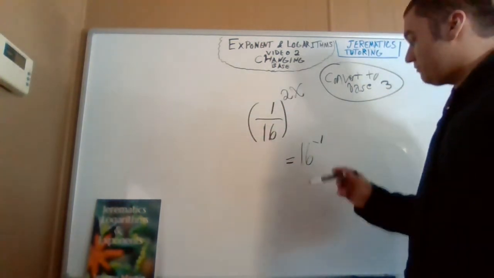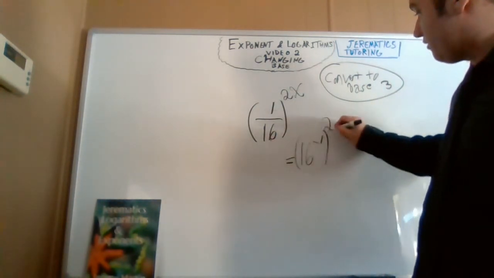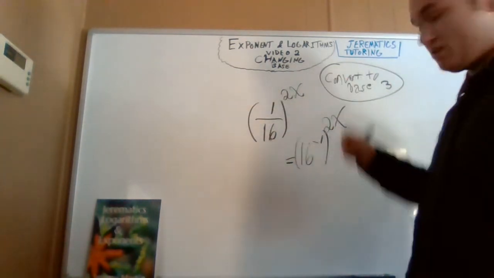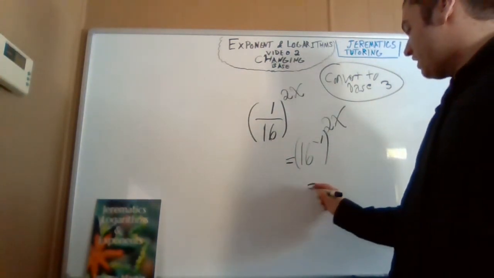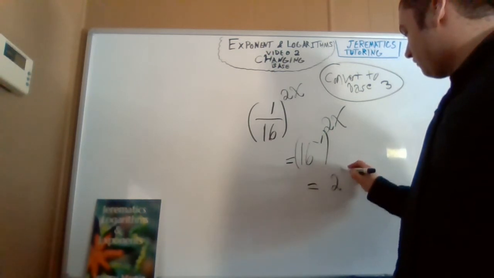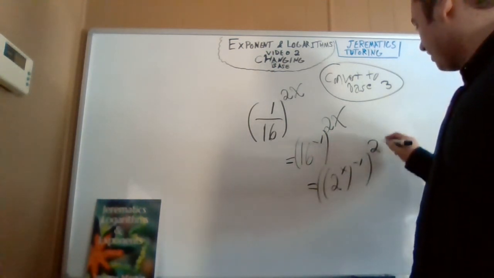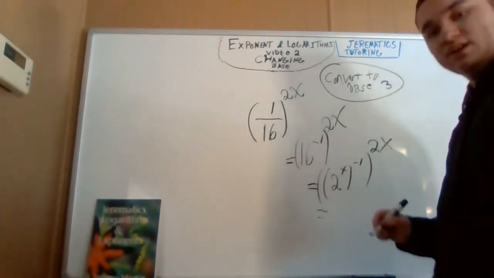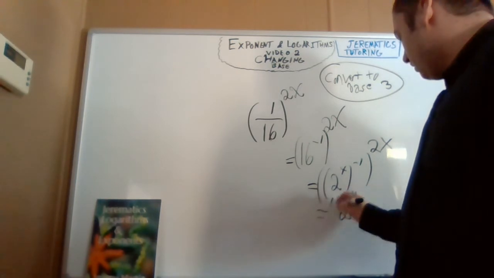So 16 to the power of negative 1. And now we add brackets and we raise it to the exponent of 2x, because our equation needs to stay the same. 16 to the power of negative 1 can be written as 2 to the power of 4 to the power of negative 1 to the power of 2x. What's 4 times negative 1? That's negative 4. So that gives us 2 to the power of negative 4, and we raise it to the exponent of 2x.